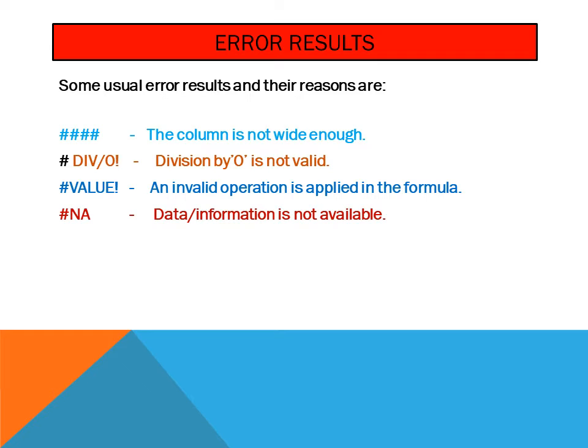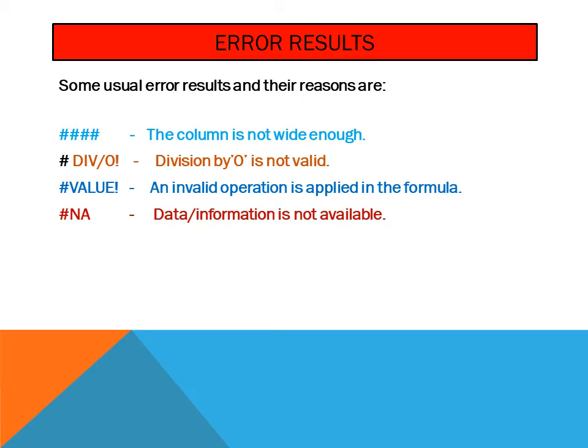That means any operation which you have applied is not valid at all. Either in arithmetic operators you might have used a string or something else. So anything which was not valid that we have applied, that is why the error result shown is that an invalid operation is applied in the formula.